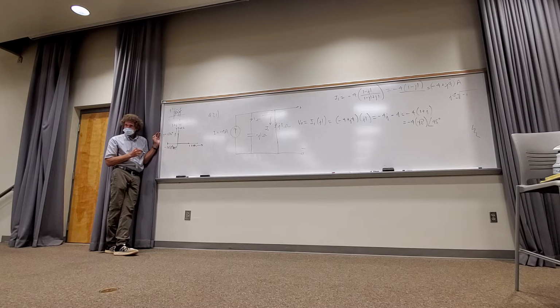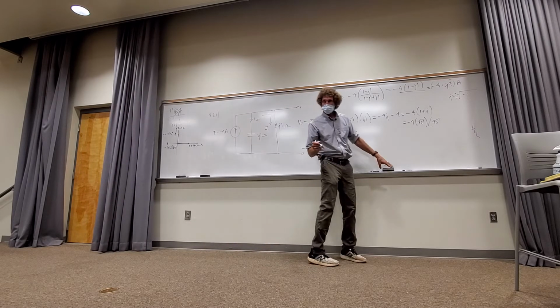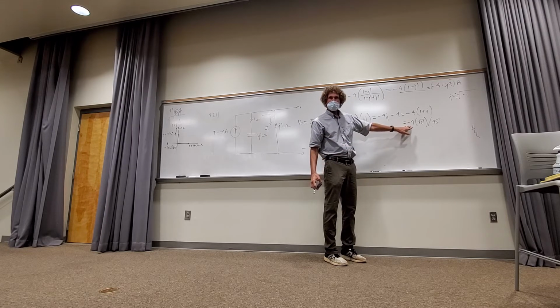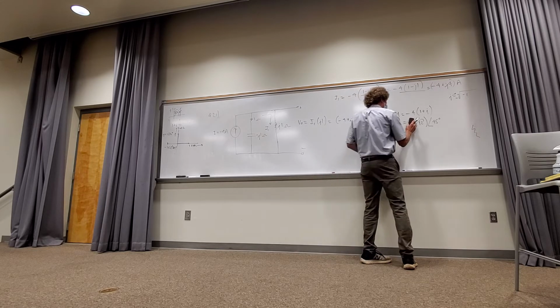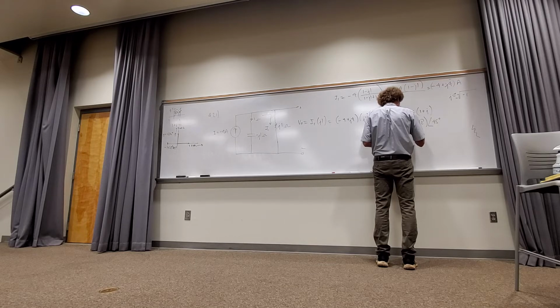Y'all see that, class? So what you can do with this -4, now this is how it's usually done in polar. I'm not going to leave that as -4. I'm going to leave that as 4 at an angle of 180 degrees. Do y'all follow me? And it could be positive or negative. So I'll take that -4 and just make it 4 at an angle here of 180 degrees.